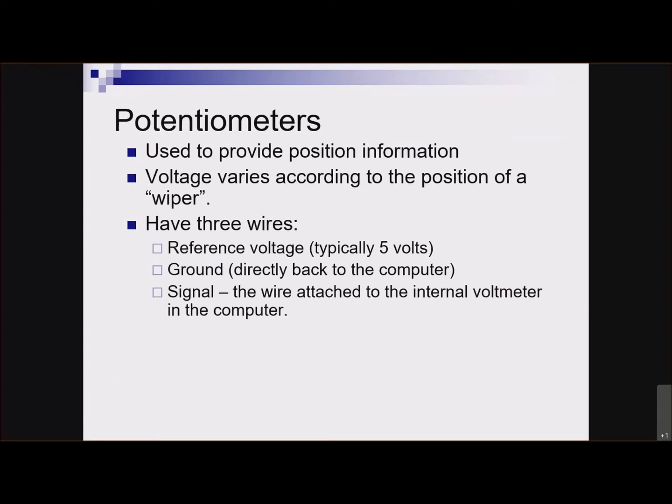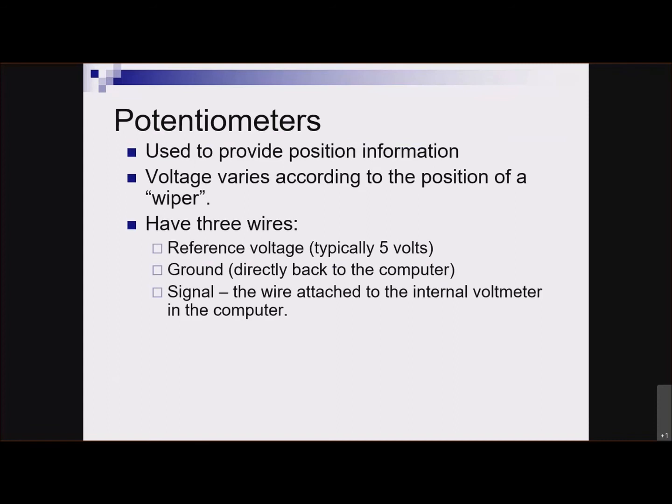By having the ground go right back to the computer, it's like putting a voltmeter right on the sensor. Think of that ground lead to the sensor as being like the black voltmeter lead going right to the sensor from the device that's measuring the voltage, which in this case is the computer.